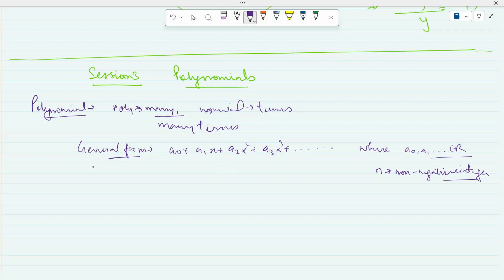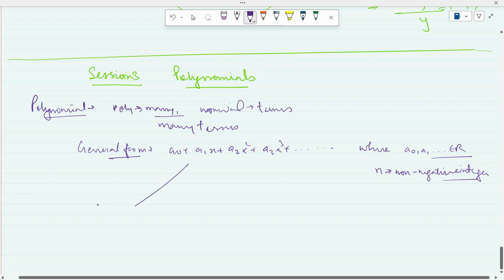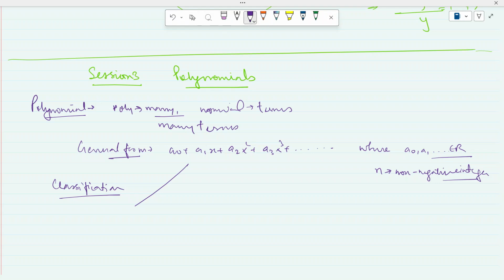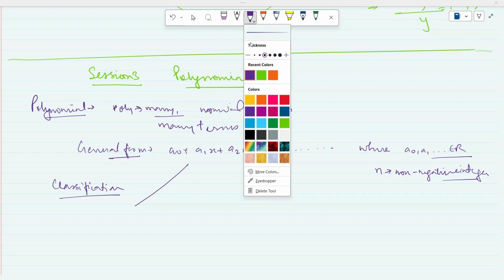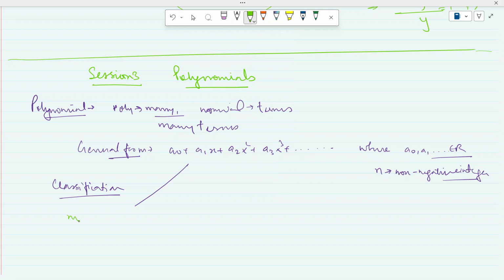Okay, now let's see how we can do the classification of polynomials. Basically we can classify on the basis of the number of terms.